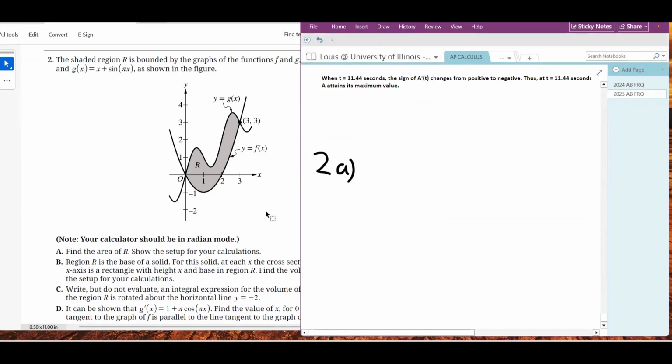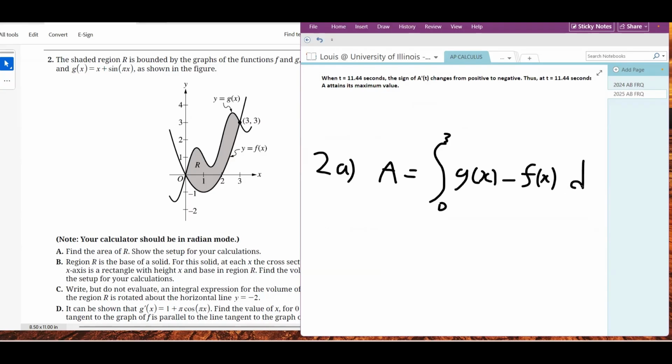2a. Since the height is going to be the top one minus the bottom one, I'm going to go ahead and say that the area from 0 to 3 is going to be g of x minus f of x, and then dx.